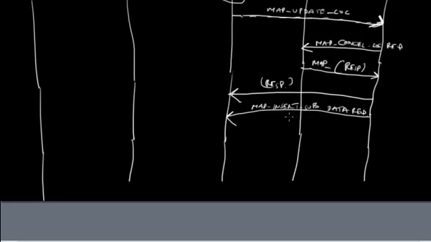This means the HLR wants the new MSC VLR to know the new MS ISDN number and the subscriber information. After receiving, it sends a response message back to the HLR saying that I have updated my database with the MS ISDN number and the subscriber information, because the HLR has the subscriber database of every mobile which is in its area.